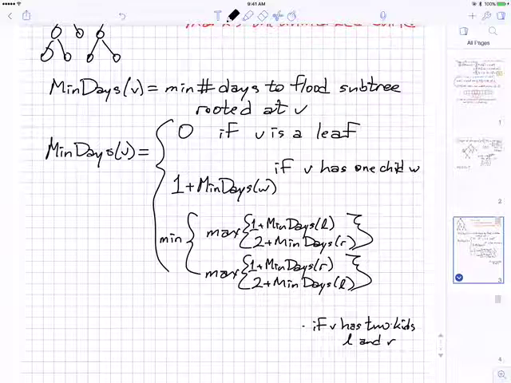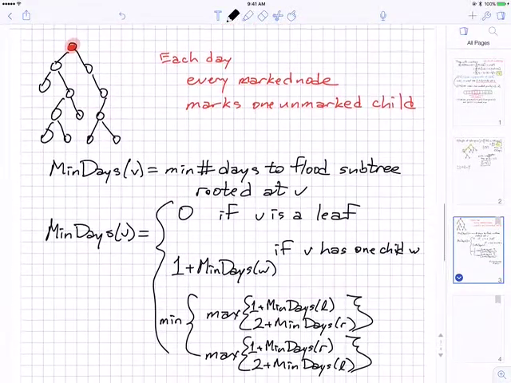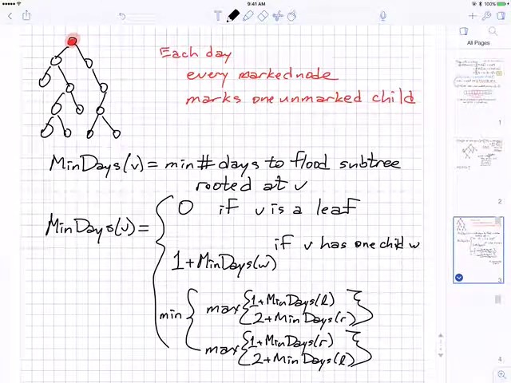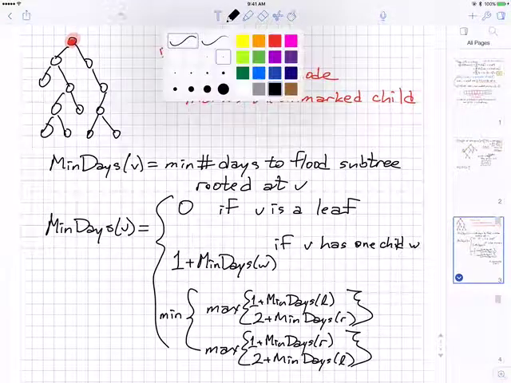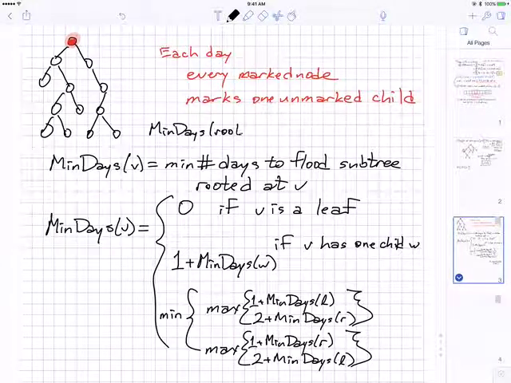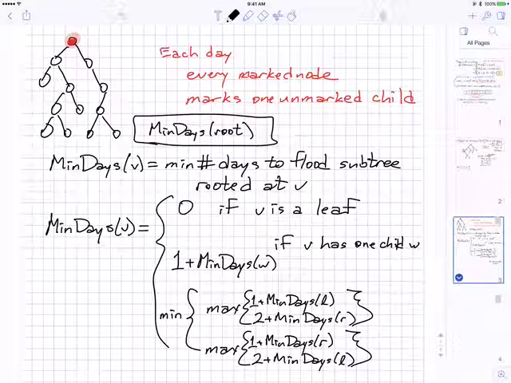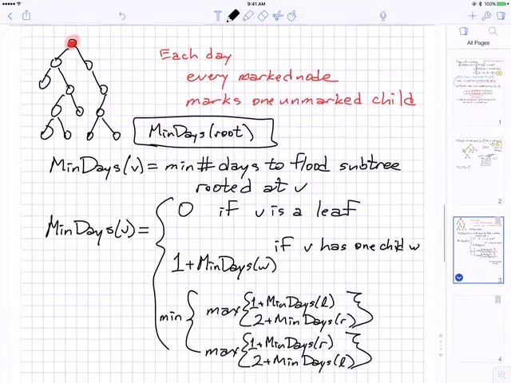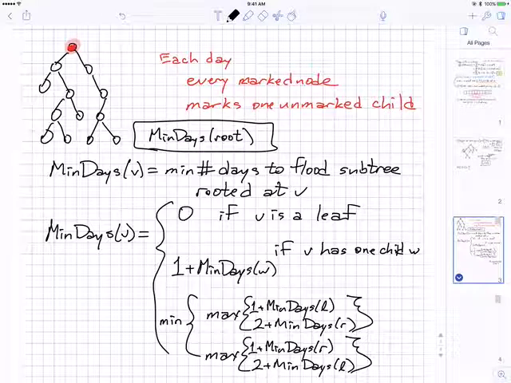Okay, so I have a function, I have a recurrence. The thing that I want to compute, of course, is min days of the root. This is what we want. What sort of data structure could I memoize this recurrence into? The tree.